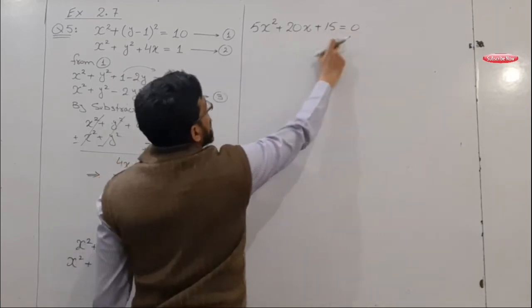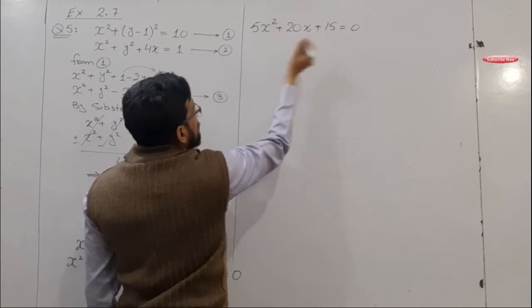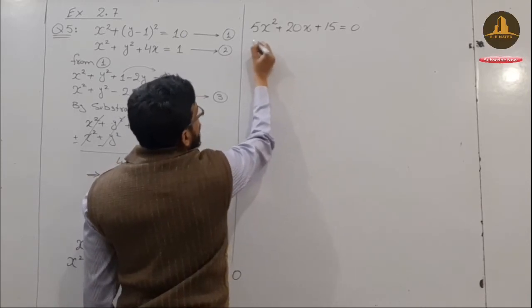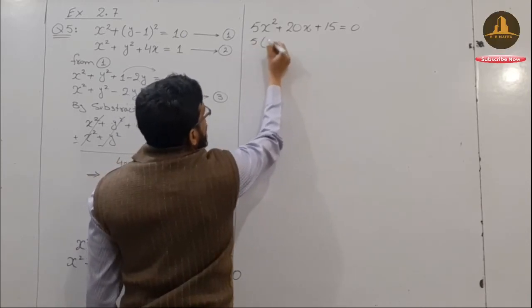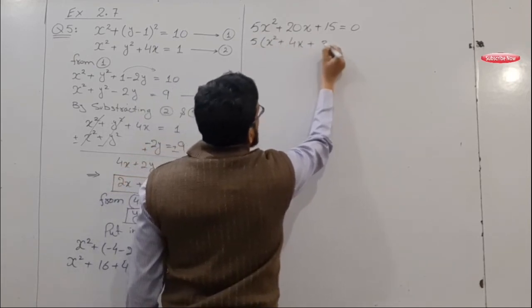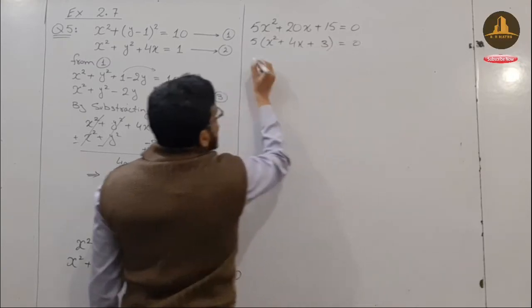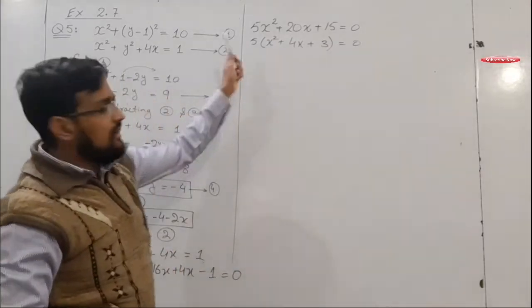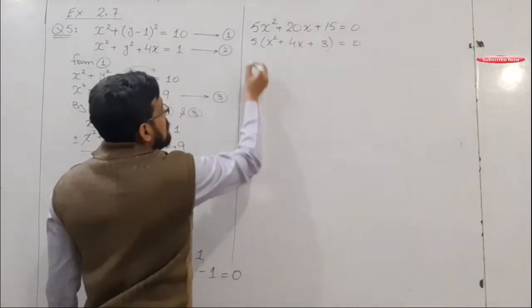Students, 5 is common, so dividing by 5 it becomes x square plus 4x plus 3 equals 0.